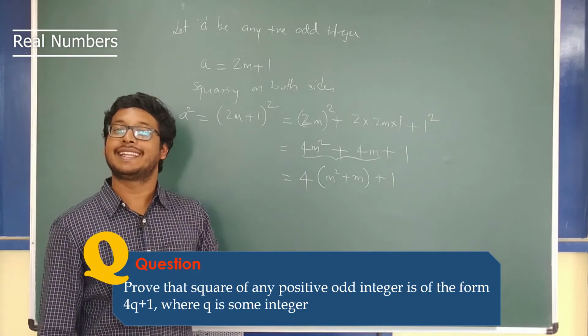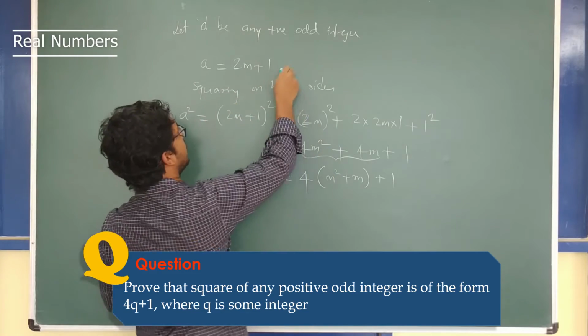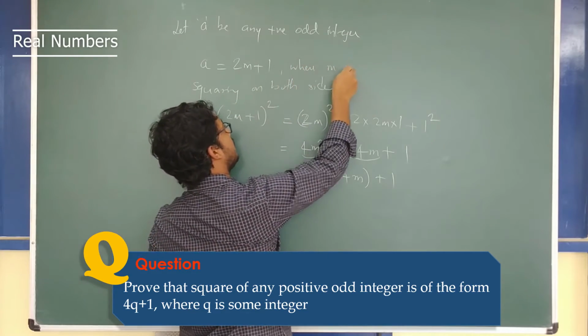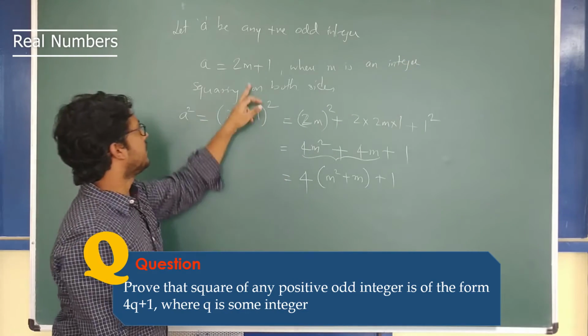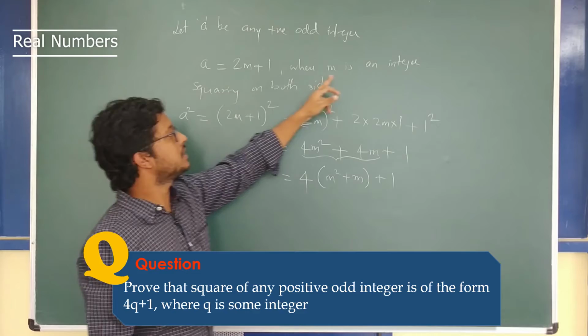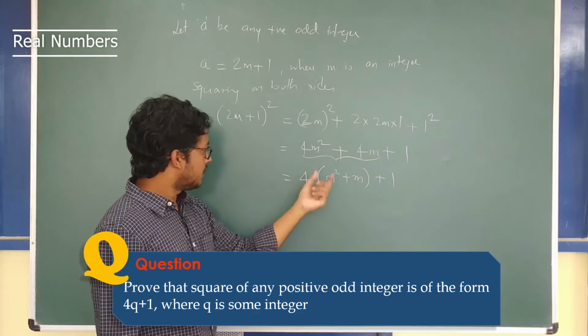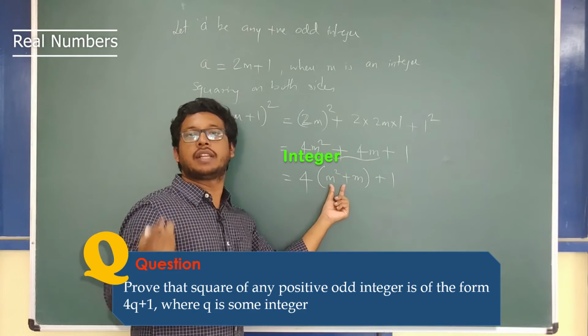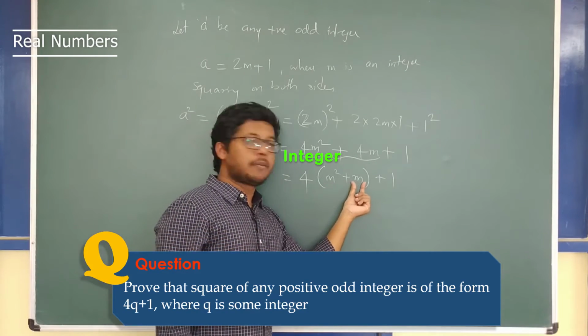Now we will apply the integer properties. We know m is an integer, where m is an integer. Obviously the quotient will always be an integer. So m square is the square of an integer, so when you multiply m by m, the resultant is again an integer. M is again an integer.